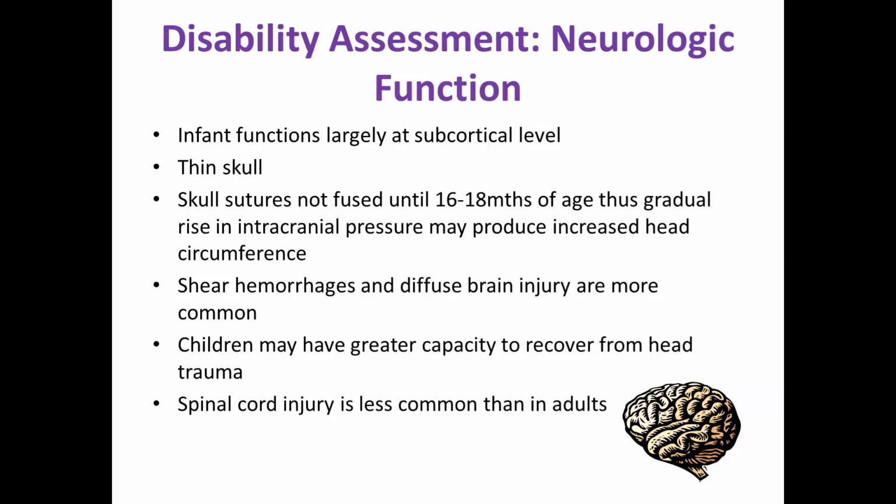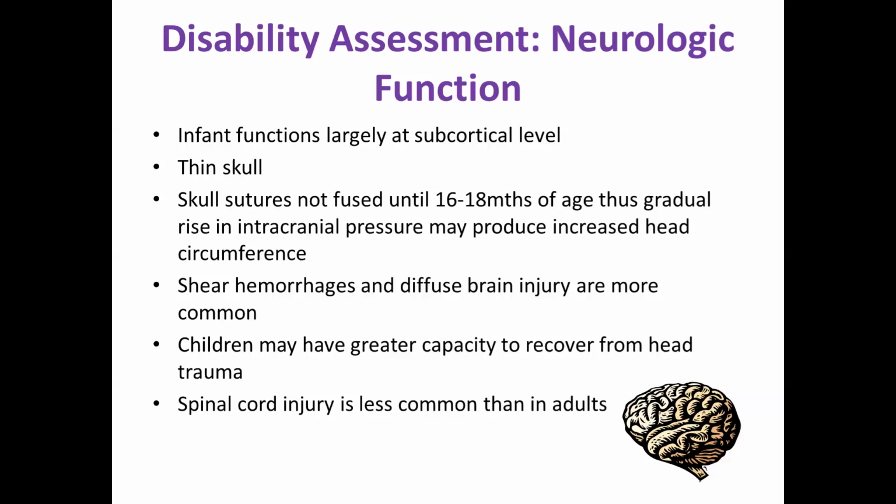So under disability assessment, we're basically assessing neurological status. Don't forget to check the glucose as well. So what are the key neurological differences in pediatric patients? Infants function largely at the subcortical level.